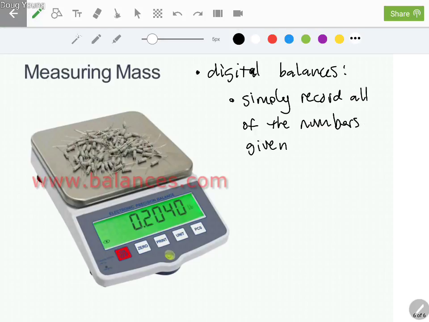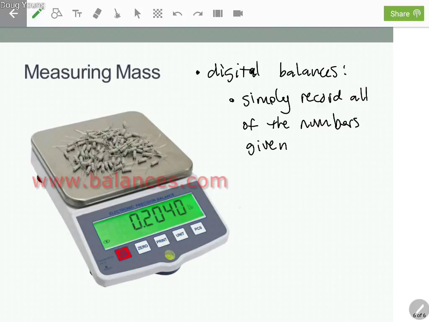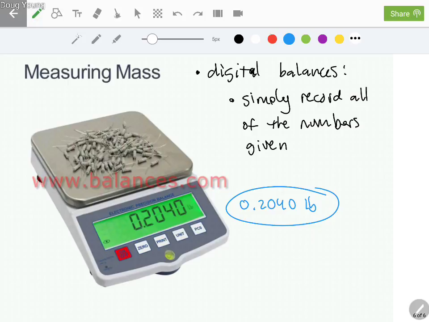So for this one, super straightforward. It says that this thing is 0.2040 pounds. So that's what I would write. You don't have to really guess anything. It gives you all of the numbers that you're going to use.